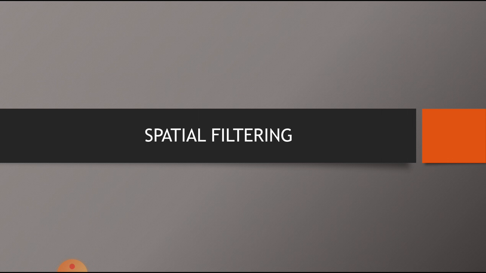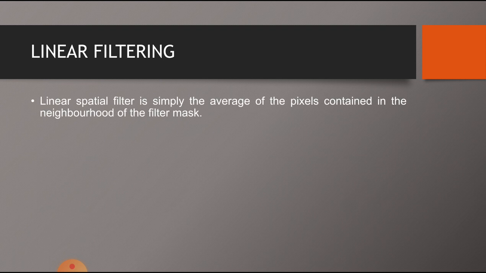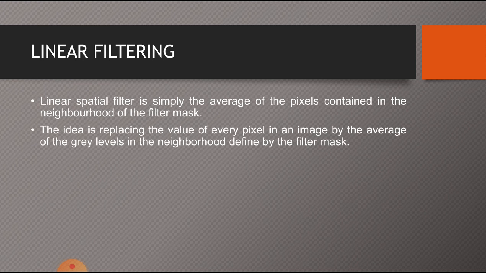First, spatial filtering. In spatial filtering, we have linear filtering and non-linear filtering. What is linear filtering? Linear filtering is simply the average of the pixels contained in the neighborhood of the filter mask. Filter mask and kernel are the same thing. Here we replace the value of every pixel by the average value from the filtering operation.